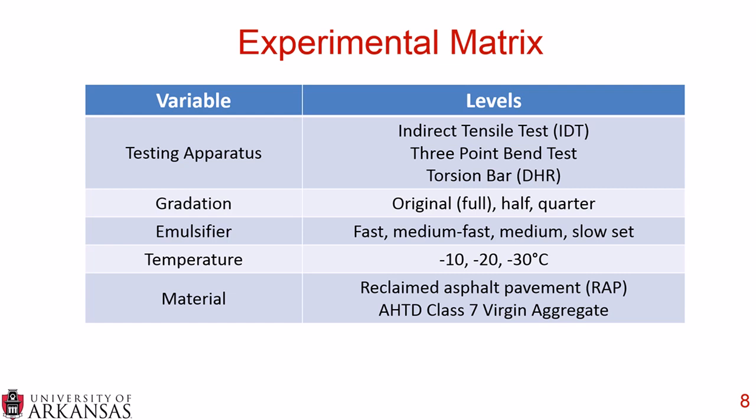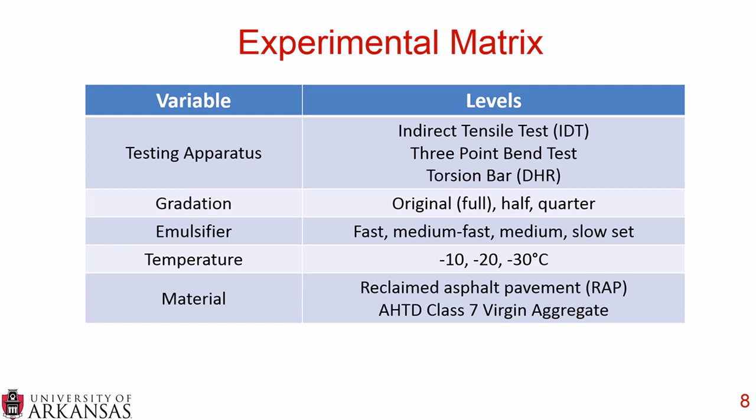We had three different gradations. We had the original gradation, then we essentially cut that gradation in half and then in half again, so we sized down the aggregate particles. We used four different emulsifiers, everything from a fast emulsifier for an asphalt emulsion down to a slow set with a couple in between. We tested at three temperatures, -20, -30, and -10.